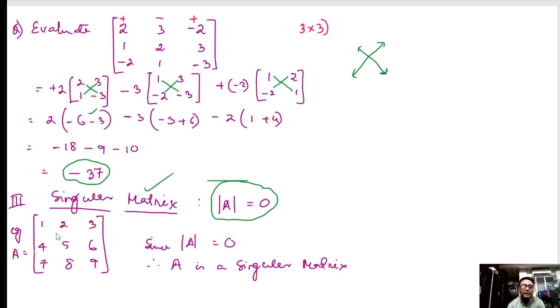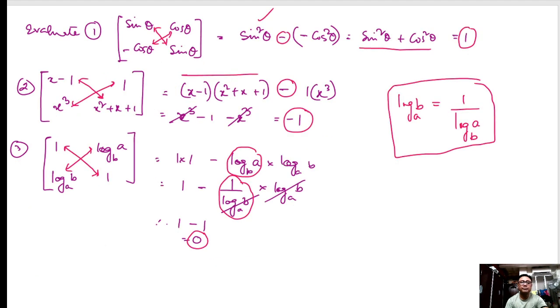Let's find out the value of this. If we calculate it, we have to put a plus, minus, plus. As you can see, it will be 1. So we have to take 5, 6.